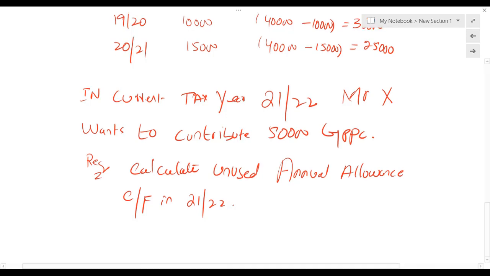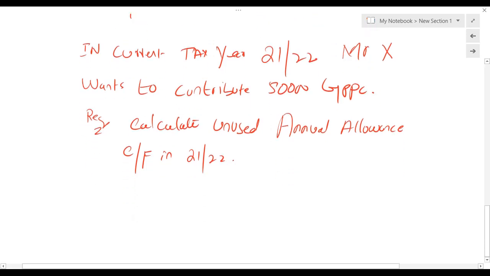Now let's try to solve this question. Number one. Dear student, whenever you are solving this pension question, first you have to utilize the current year annual allowance limit.